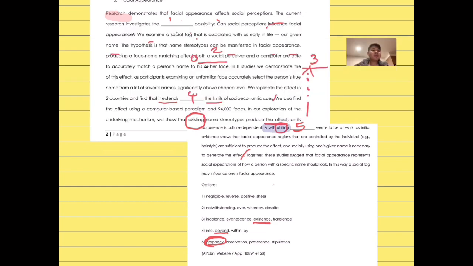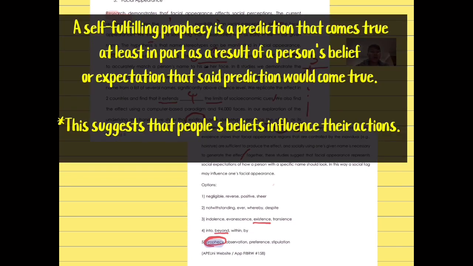A self-fulfilling prophecy is a very, very important collocation that I want you to take note of if you didn't know this one. A self-fulfilling prophecy is a prediction that comes true, at least in part, as a result of a person's belief or expectation that said prediction would come true.